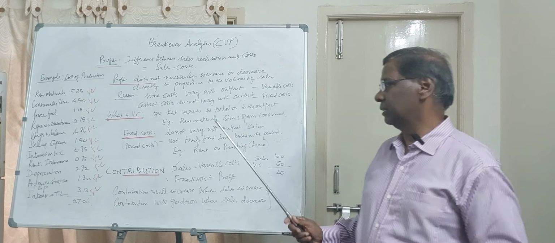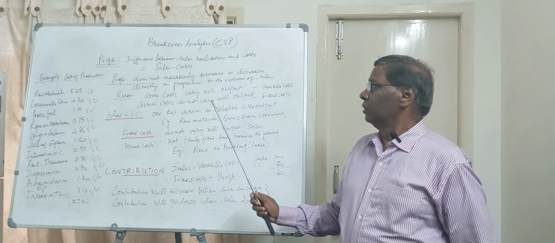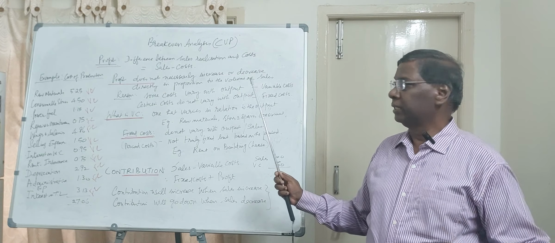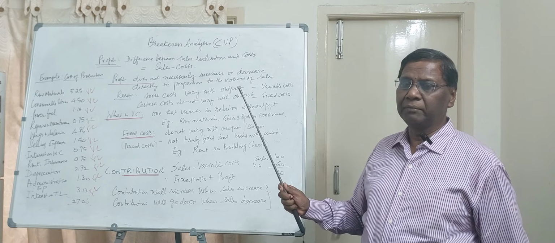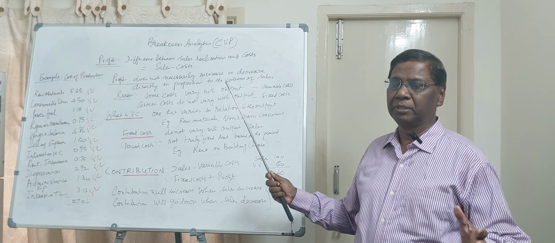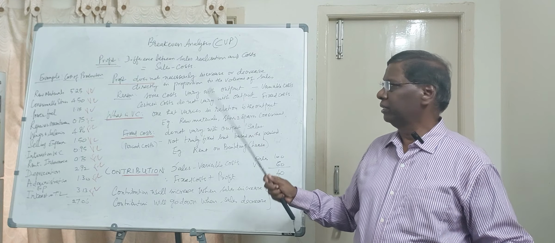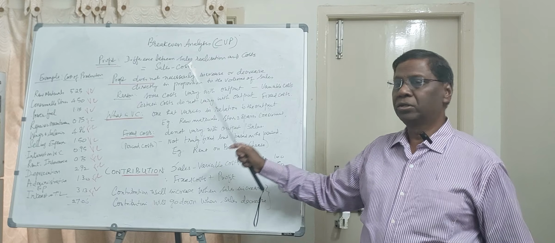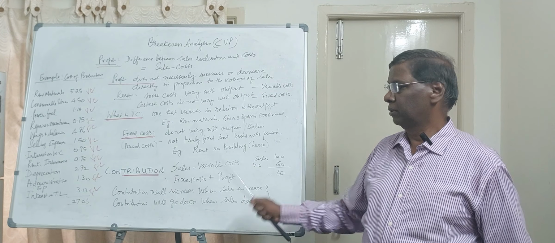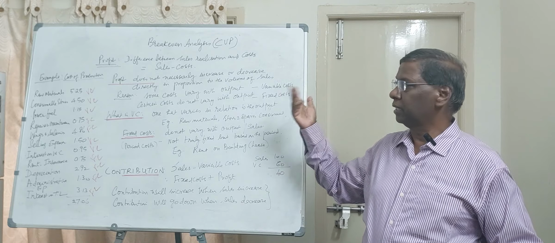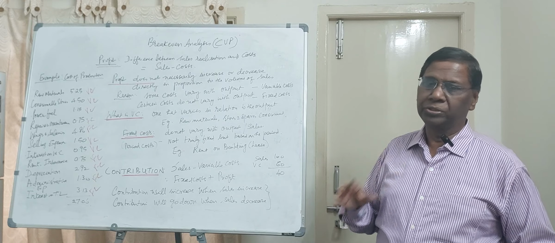I will cover the arithmetics in the next sessions. Profit is not mainly based on the volume of sales. It is because certain costs are involved. So what is variable cost? What is fixed cost? What is contribution? Now I will start the next session on contribution.